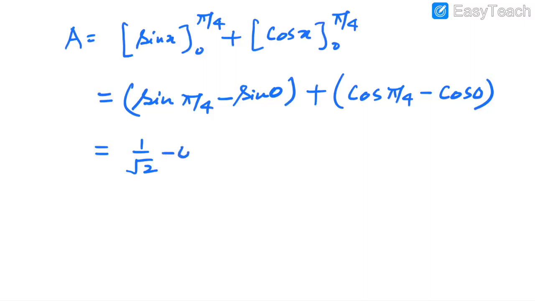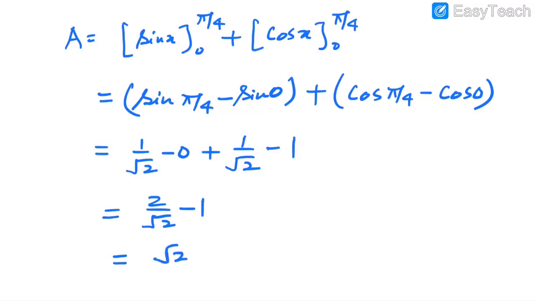Since sin pi by 4 is 1 upon root 2, sin 0 is 0, and cos pi by 4 is 1 by root 2, minus cos 0 is 1. So 1 upon root 2 plus 1 upon root 2 is 2 upon root 2 minus 1. This can further simplify, and finally we get root 2 minus 1 square unit. So this is the required area.